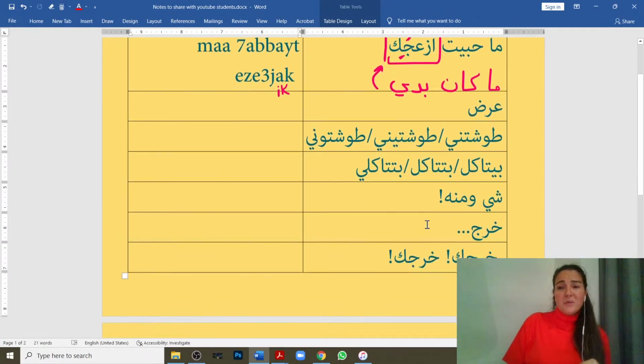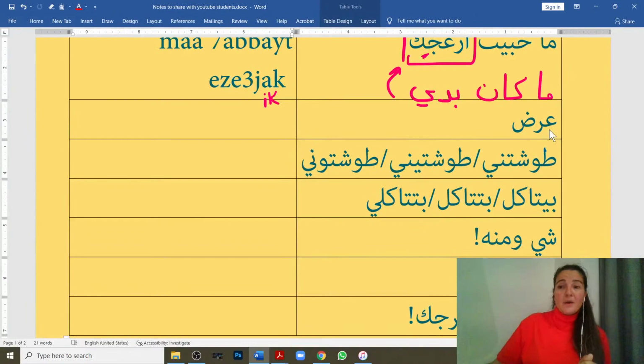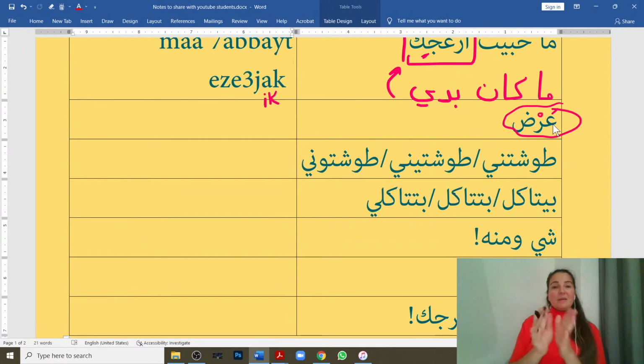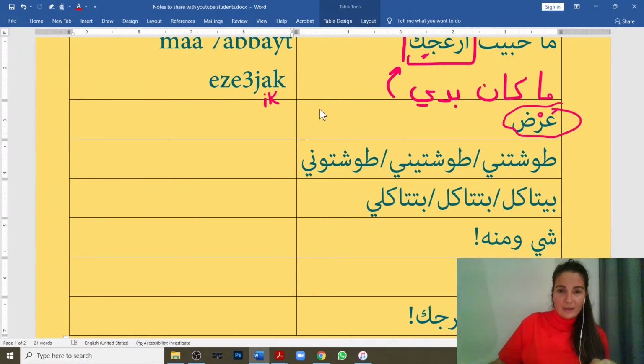Now, the second word is just a word, عرض. And I thought I'm going to say it to you because the same word with the same pronunciation can have more than one meaning. One can be width, like length and width in that sense.